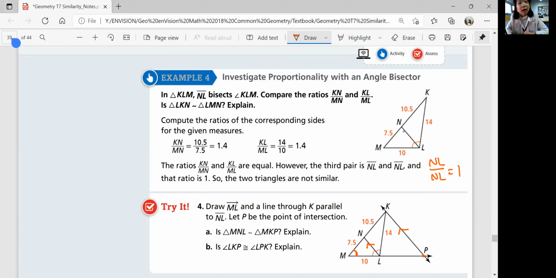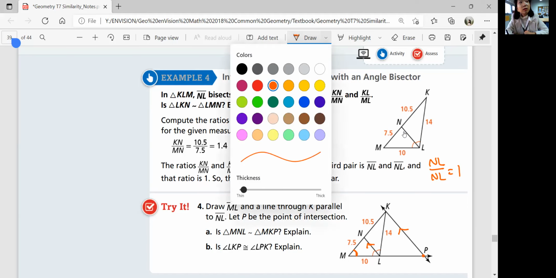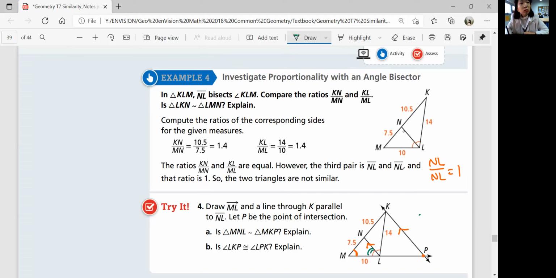This angle and that angle are the same, right? These two angles are the same, but do we really need that? Yes, we do. By the AA similarity theorem, right?